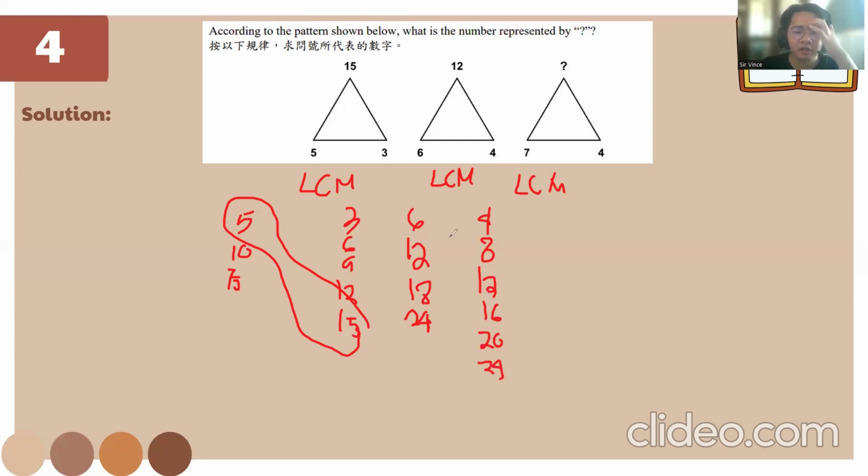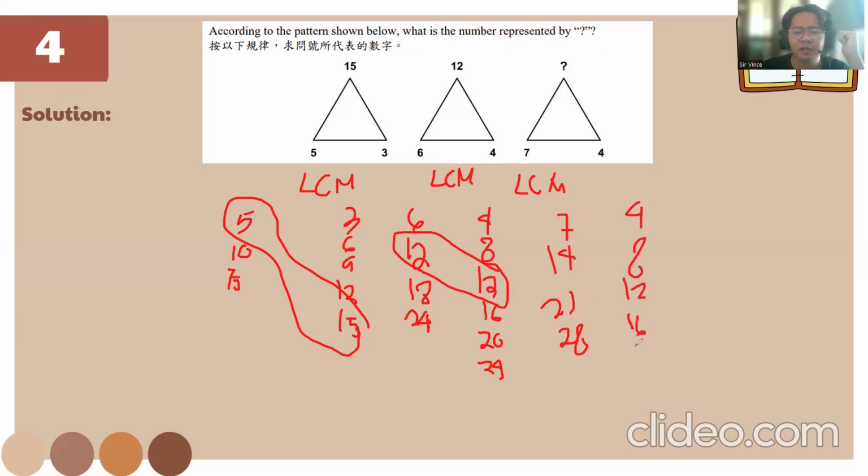So, their least common multiple here. Okay? So 7, 14, 21, 28, 4, 8, 12, 16, 20, 24, and 28. This is their least common multiple. So this is the answer. Okay, we are good on 1 to 4.